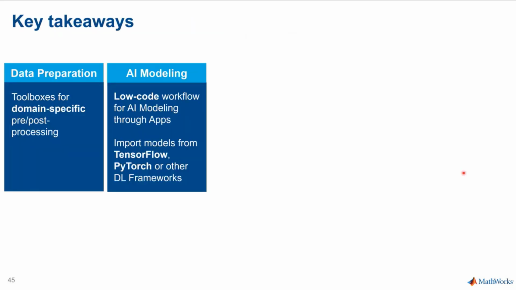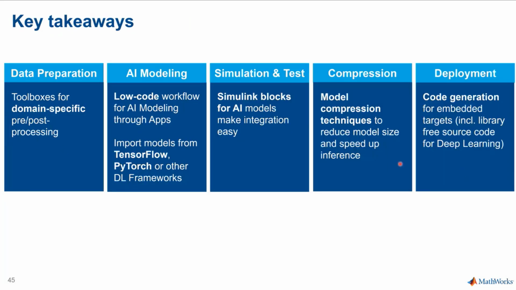So we've seen these 4 steps to train and test an AI model and to test it also in the full system. We saw that compression can help you if you have a big model that you would like to deploy on a target.